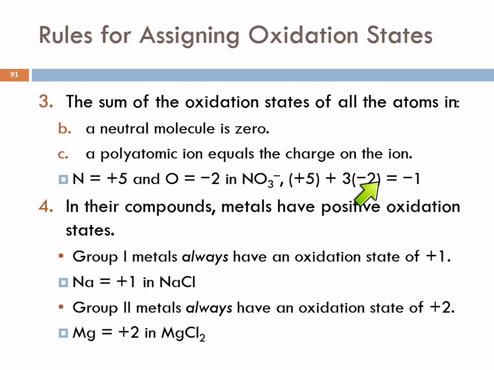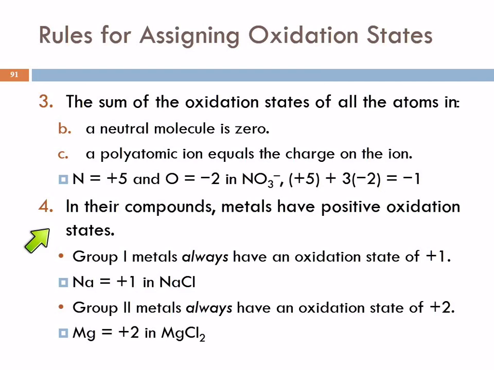I owe them $2 each. So overall, I'm out $1. It's the same thought process. And most of us can do that fine with money that we owe back and forth. But when we talk about oxidation states, we're like, well, what are we talking about? It's the same math. You know how to do it. You just have to get a little bit familiar with it and practice it.